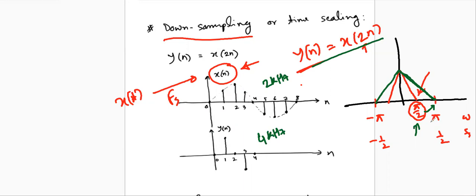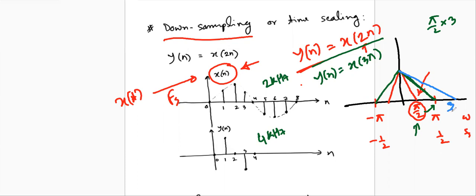But if you stretch it with the value yn is equals to x thrice n, then what will happen? That will stretch the value, pi by 2 multiplied with 3, isn't it? So this will actually increase the value. That will stretch the value more than this.